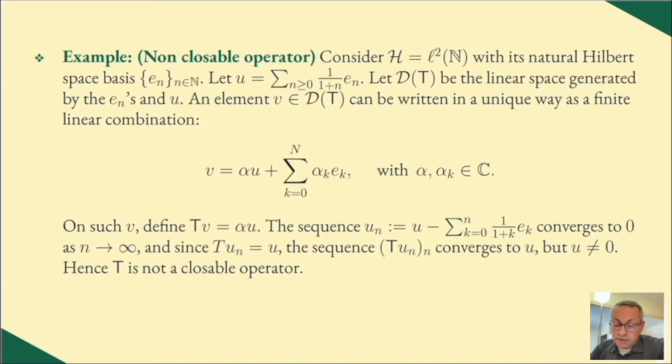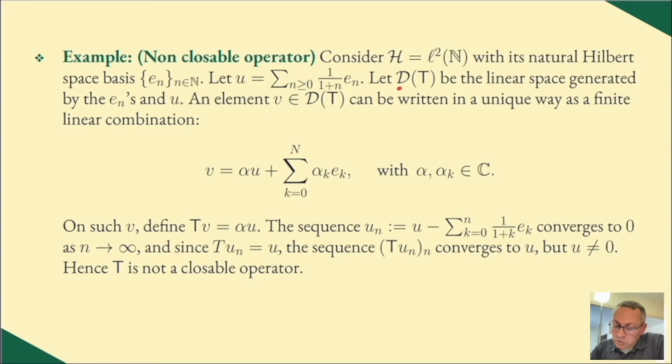It's clearly in l2 because the sum over n of 1 over (1 plus n) squared is convergent. Its sum is pi squared over 6. So this is an element of l2. The specific form of this term is not so important. What is important is that you have infinitely many non-trivial terms in this sum.